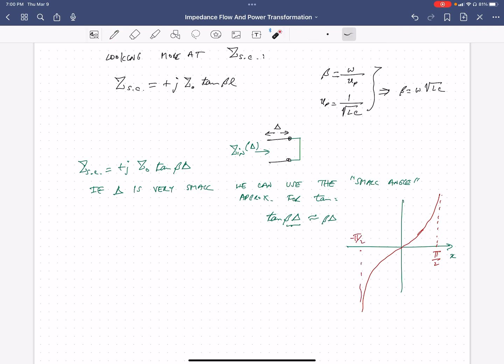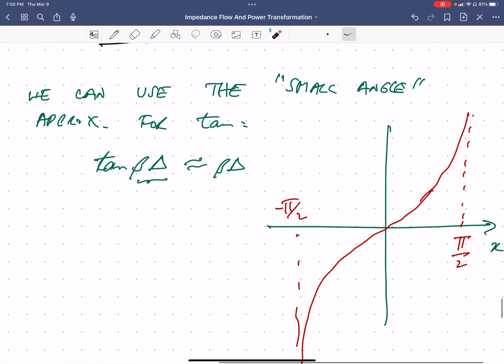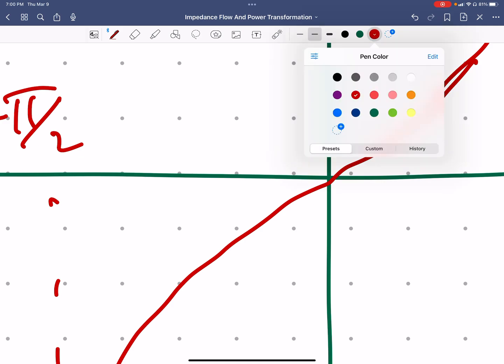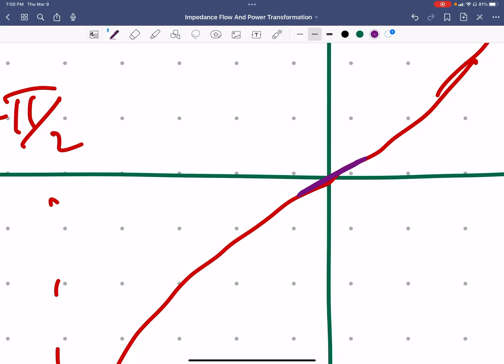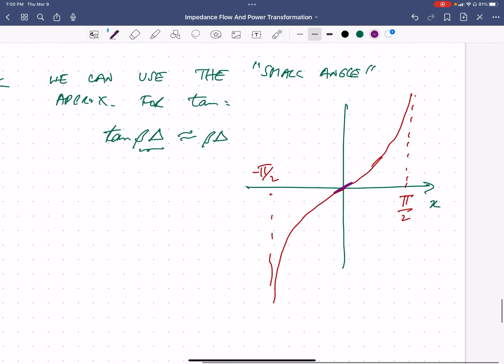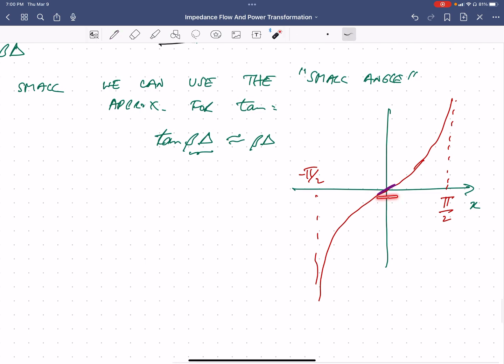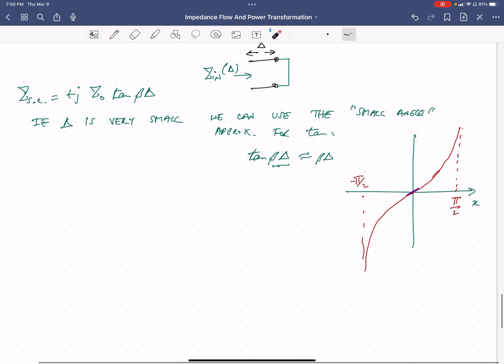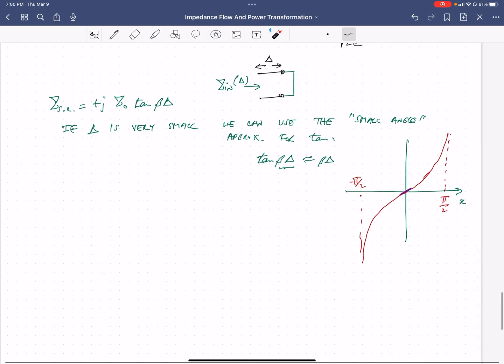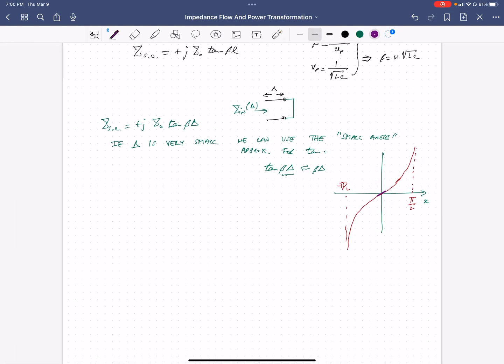The small angle approximation basically says that if you zoom in, zoom in, right here to very small values, it more or less looks like a straight line. So at very small values around zero, tan of something small is just equal to that same slope. That is all the small angle approximation is saying.